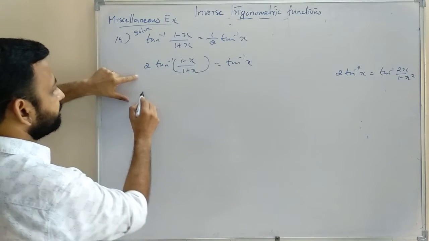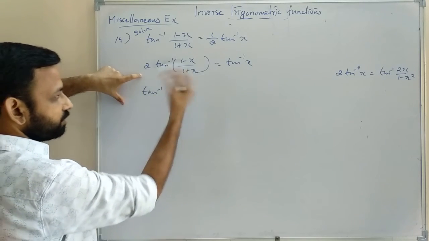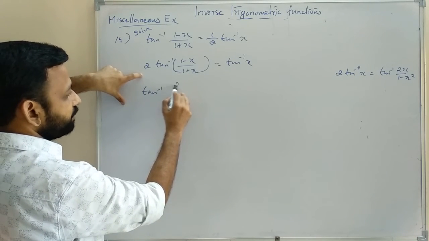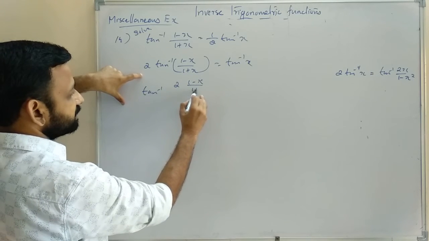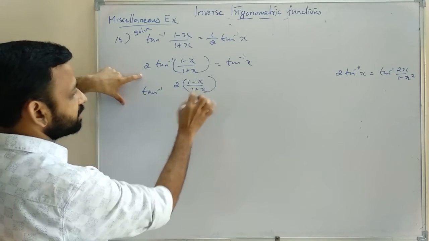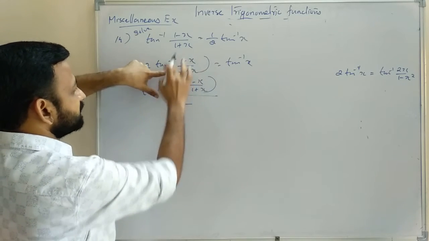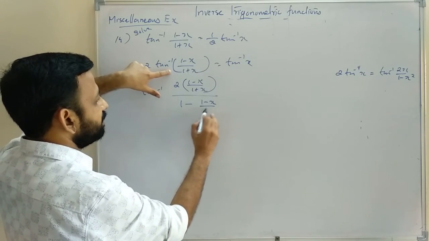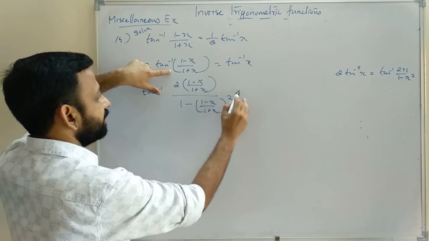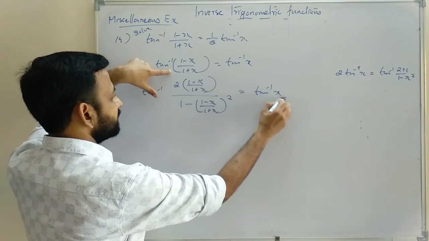So here we can write tan inverse of 2 into (1 minus x upon 1 plus x) upon 1 minus (1 minus x upon 1 plus x) whole square, equal to tan inverse x.